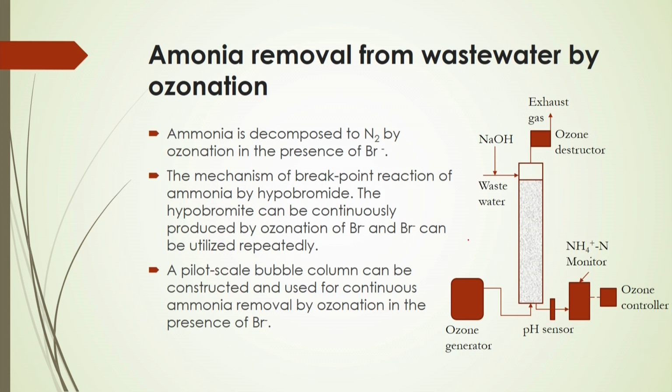Now, in this case, one pilot scale bubble column can be constructed, and it can be used for continuous ammonia removal by ozonation in the presence of bromide.